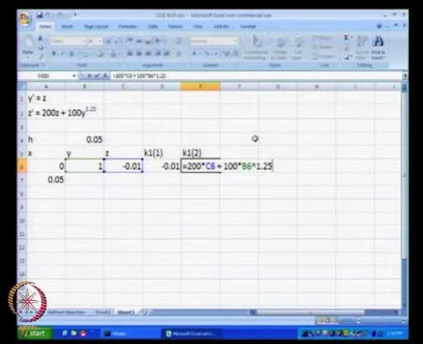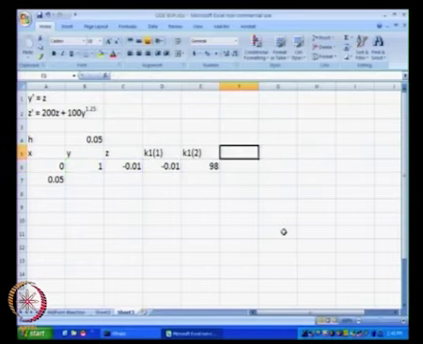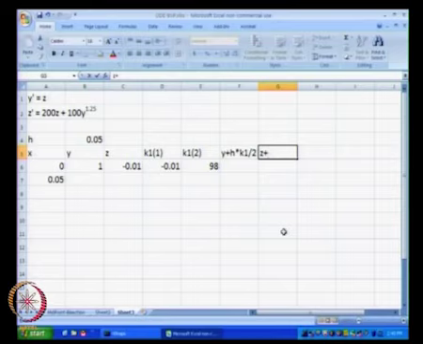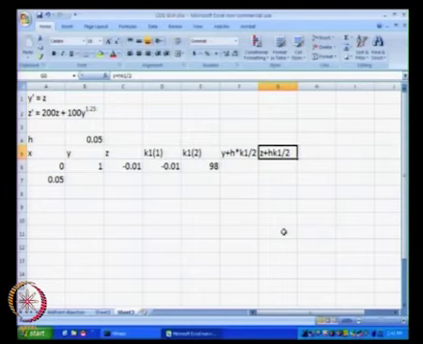Okay, that is going to be our k2. Next we want y plus k1 h by 2, so y plus h multiplied by k1 by 2, and we want z plus h k1 by 2. Okay. So this is essentially what we want.